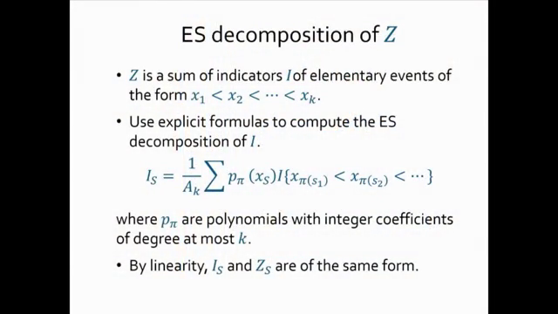And what we get, first let's note that z is just the sum of indicator functions of basic ordering predicates of this form x1 is less than x2, etc., less than xk. And because the Efron-Stein decomposition is linear, it's enough to compute the Efron-Stein decomposition of just these predicates.